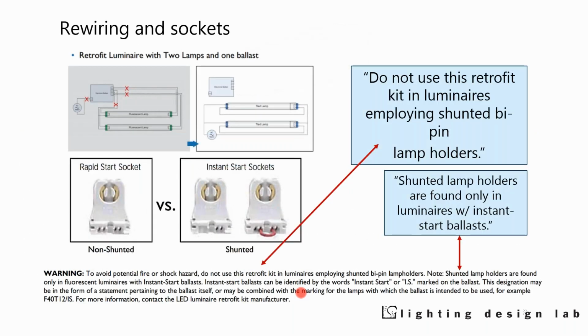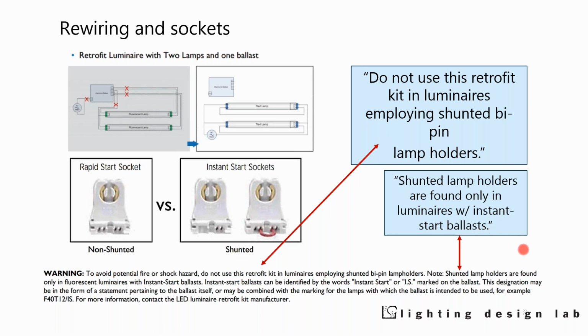And so here we have further from the same manufacturer. So it says here, rewiring and the sockets. So what are they talking about? Well, it says right here in the fine print, do not use this retrofit kit in luminaires employing shunted bipin lamp holders. And this says shunted bipin lamp holders are found only with instant start ballasts.